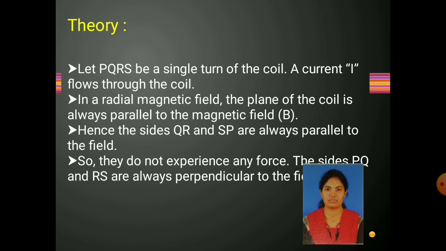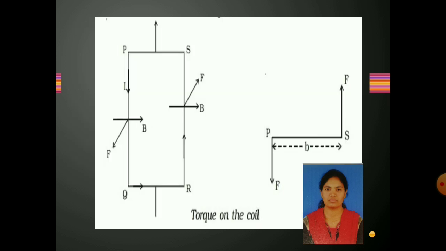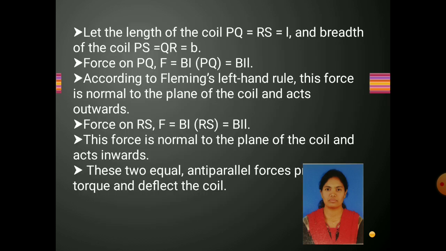The other two sides of the rectangular coil, PQ and RS, are always perpendicular to the magnetic field. That is what you can see here. You can see the dark lines showing the direction of magnetic field B. For these lines, the two sides PQ and RS are always perpendicular.